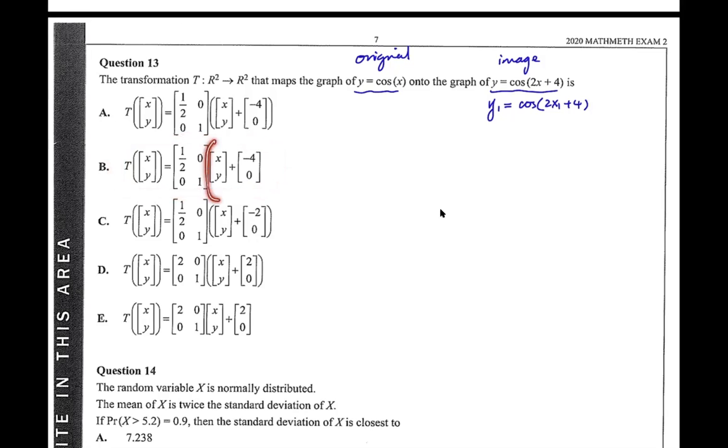If you don't have a bracket around these two matrices, it means you are doing the dilation and reflection first, then translation. So option B and option E are Dr. T. With the bracket embracing XY and another 2x1 matrix, it means you are doing translation first, then dilation and reflection.